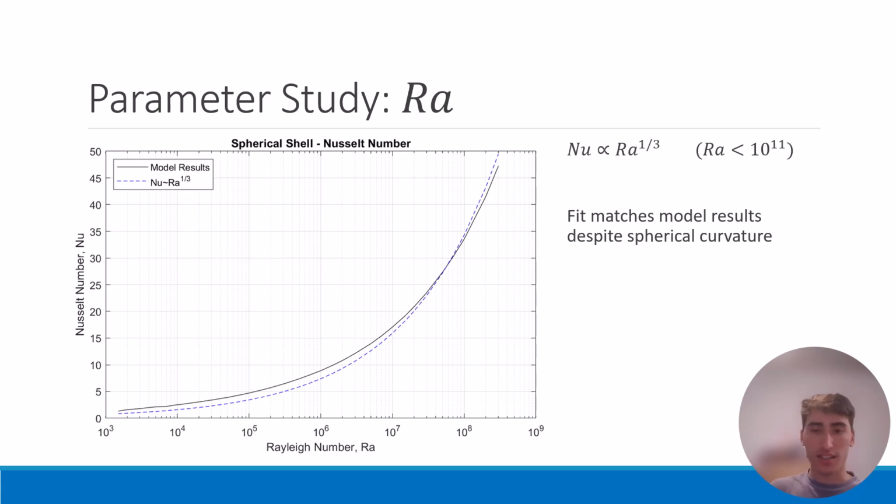To investigate this, the model was run at a delta value of 0.6 for Rayleigh numbers ranging from 10^3 to 10^9. And the resulting Nusselt numbers were computed and plotted in the figure to the left along with a cube root fit applied to the data. The close agreement between these two lines suggests that despite the geometric curvature, the simple power law relationship remains effective.